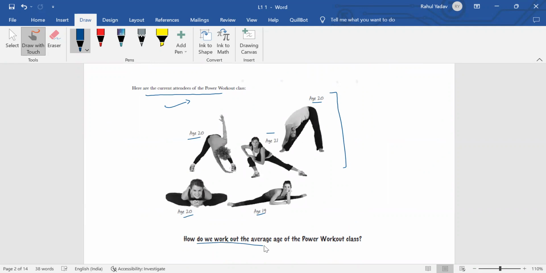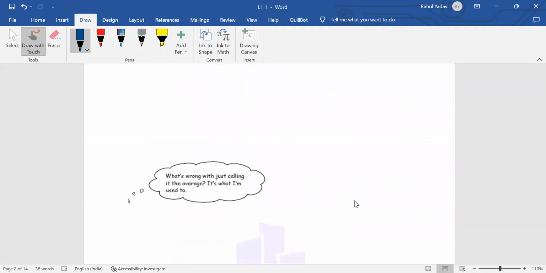Then how do we work out the average age of the power workout class? We know the average can be the mean, and mean equals 20 plus 20 plus 21 plus 20 plus 19 divided by 5. This is an example of how we calculate the mean, for a basic understanding of the mean. Great. Now let's come to this point.